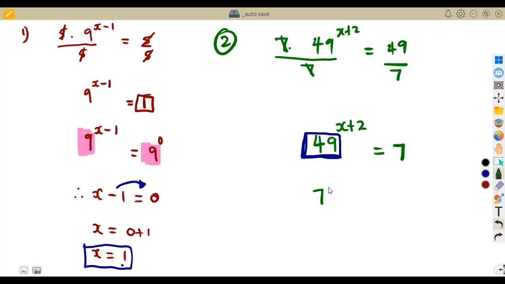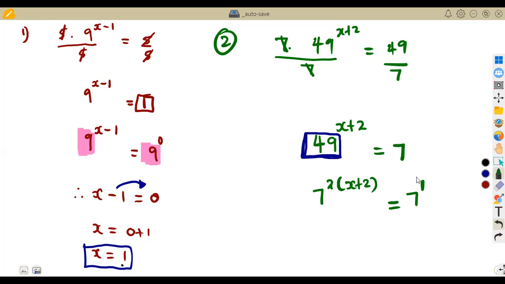So that is going to be 7 to the exponent of 2 for 49. But already there's an exponent that we are given here, which is x plus 2. And this must be equal to 7, but 7 to the exponent of what? Remember, if the number is not given, it means there's an exponent of 1.